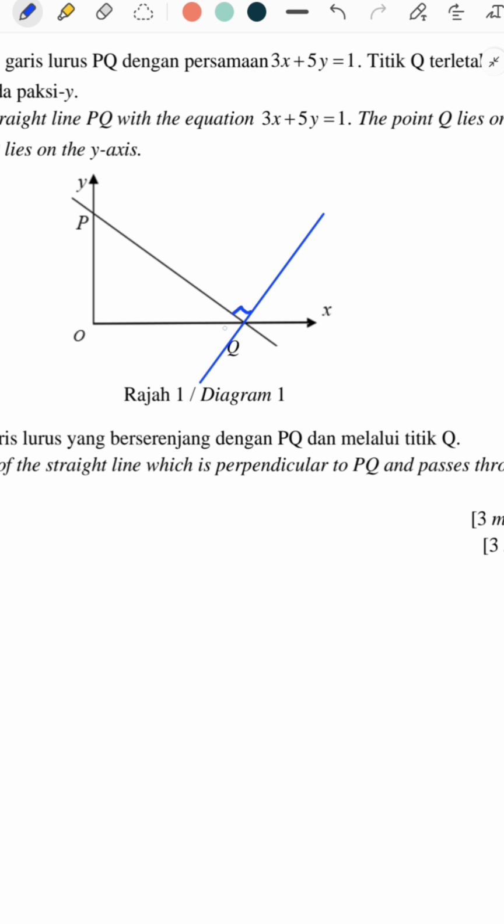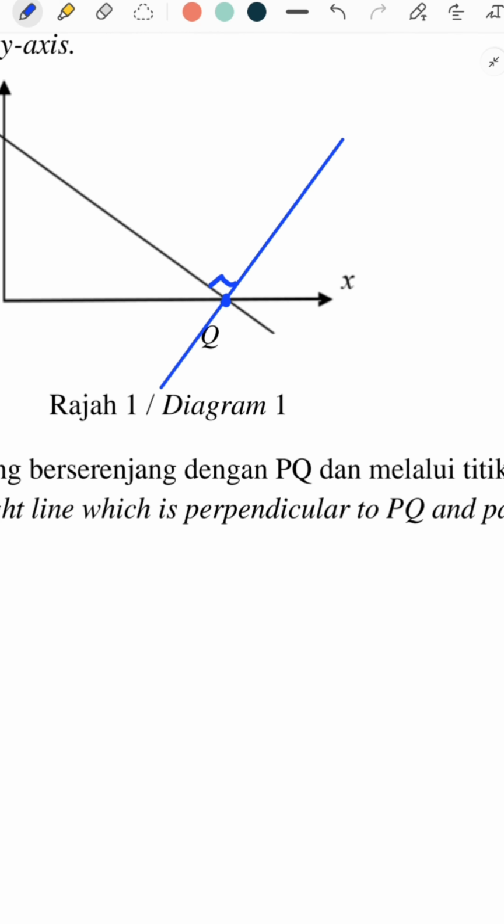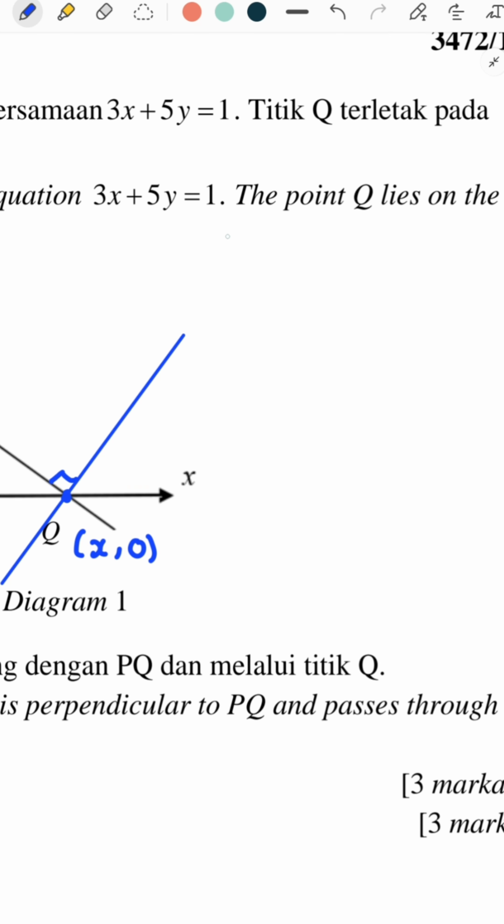Your first step is you have to find your coordinates for point Q. Okay, to find your coordinates for point Q, whenever a point lies on the x-axis, your y is 0. So you have this, and now we have to put in this value to your PQ's equation. Your PQ's equation is 3x + 5y = 1.